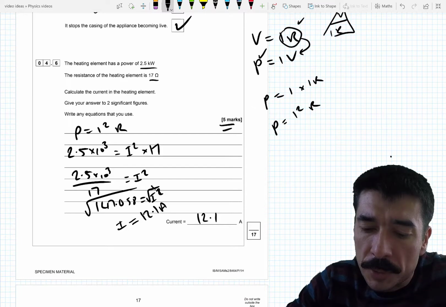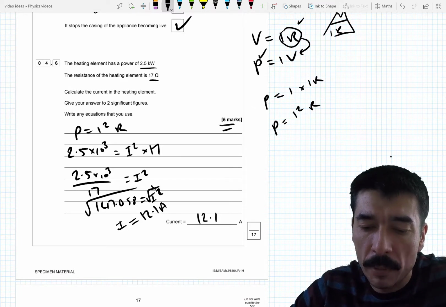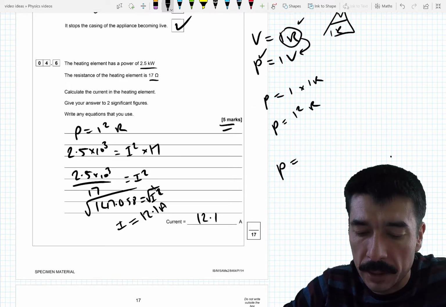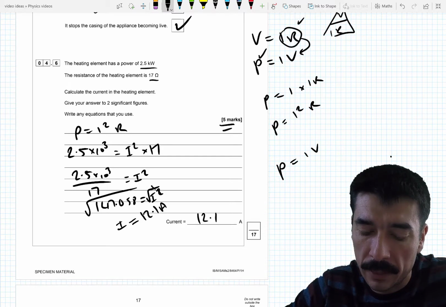There are other ways of subbing Ohm's law into the power equation. So power equals current times voltage, P equals IV.